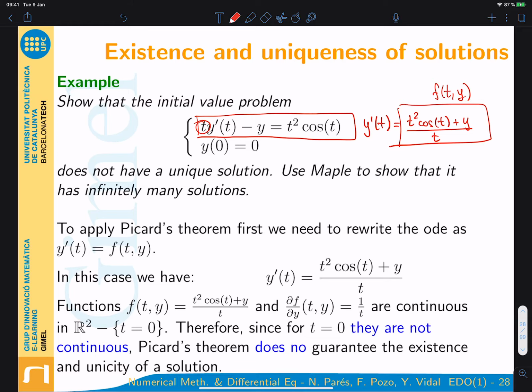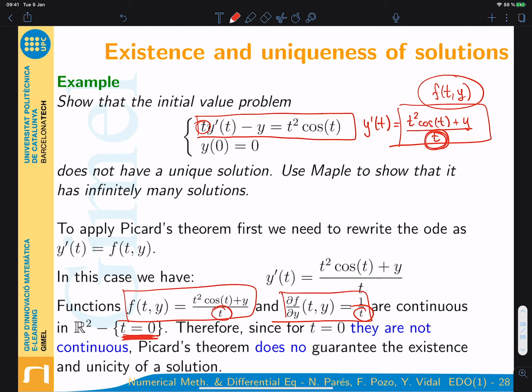Now, in this case, when I look at this function, I see it is continuous everywhere, but not when t is equal to 0. So this function and its first partial derivative with respect to y are both continuous everywhere, but not at t equals 0, because t is dividing in the denominator.